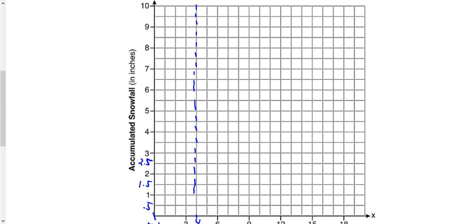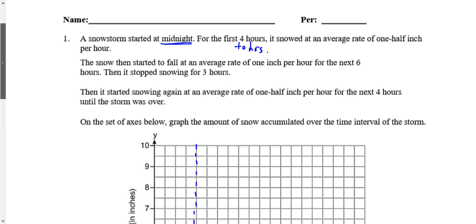So you could probably do the same thing, right? And that way, as we're going up 1/2 inch every hour, we know where to stop doing that, okay? Then let's look at the next interval, okay? So after 4 hours, the snow started to fall at an average rate of 1 inch per hour for the next 6 hours, okay?